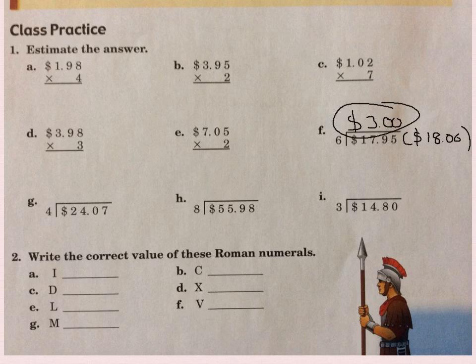Okay, we need to estimate with $24.07. That's about $24. And how many times will 4 go into $24? 6. $6.